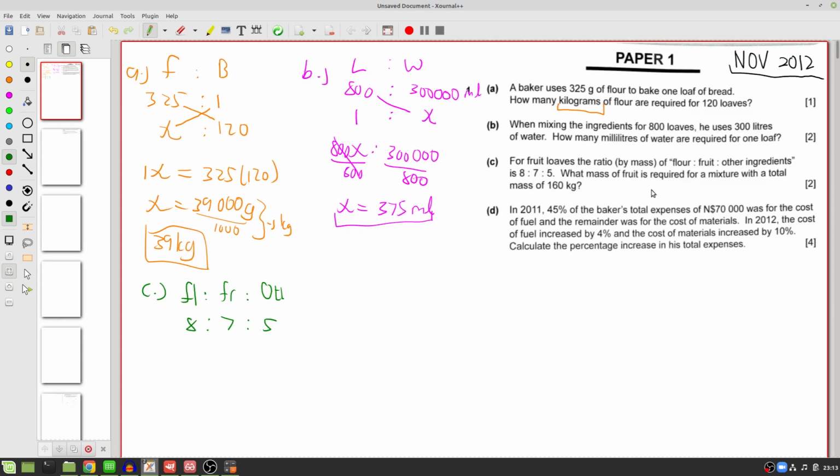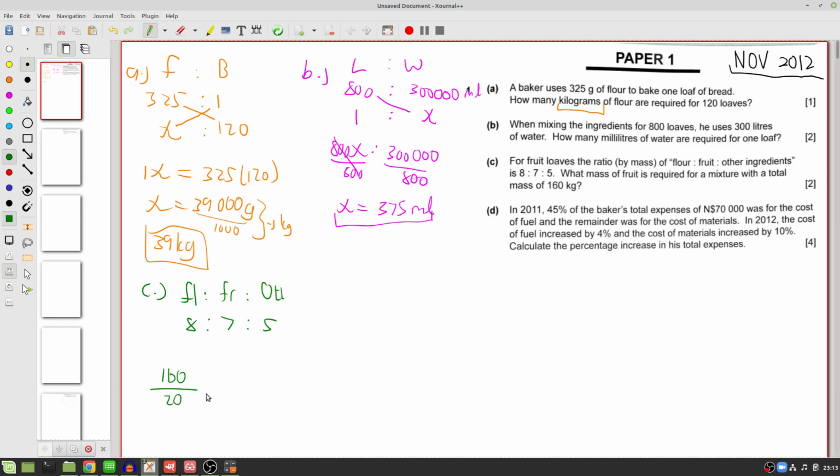Now what mass of fruit is required for a mixture with a total mass of 160? So if all of this together weighs 160, how much fruit is required?